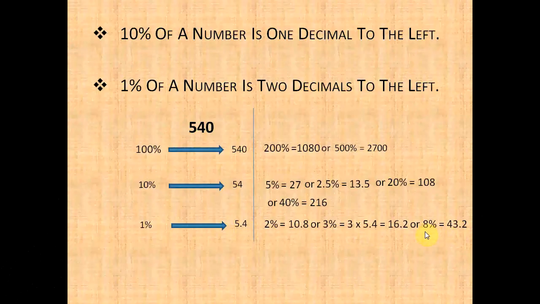Now, just to bring into your notice that 8% is just an explanation for 1%, but the easier method of calculating 8% would be to reduce 2% from 10%. That is, if I have 2% as 10.8, just subtract 10.8 from the 10%, I'll land upon 8%, which is 43.2. But just to explain, I have taken 8% and I have taken the help of 1% to calculate it.